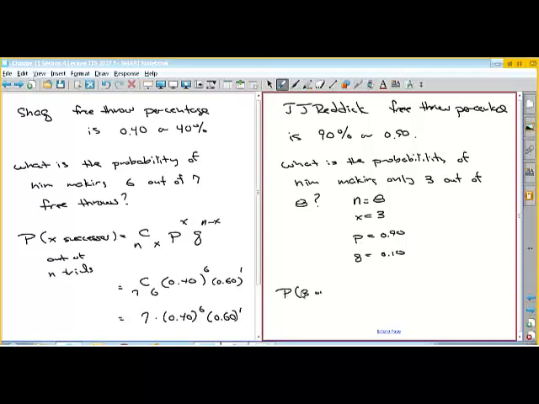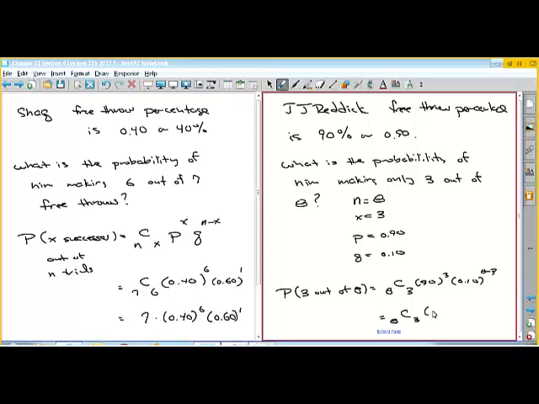So now we can just plug it into the formula. Probability of 3 out of 8 is going to be 8 things taken 3 at a time. Probability of success is 0.9, you raise that to the 3rd power. Probability of failure, you raise that to the 5th power, which is 8 minus 3.